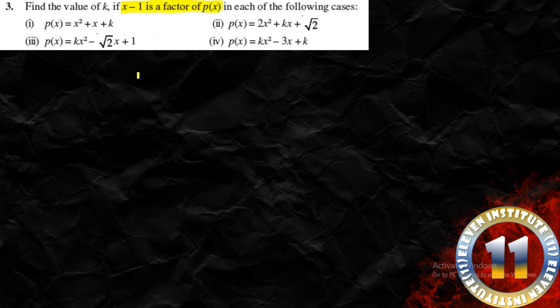X minus 1 is already a factor of px. And if x minus 1 is a factor of px, we can write that p of 1 is 0. So here we shall write that x minus 1 is a factor of px.